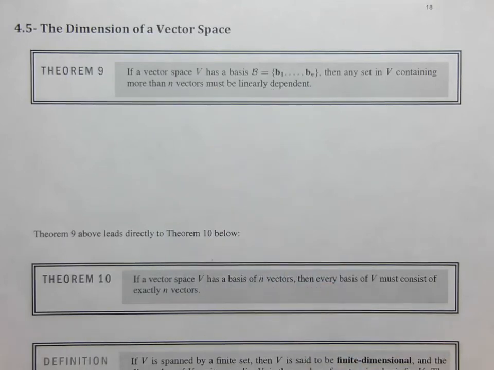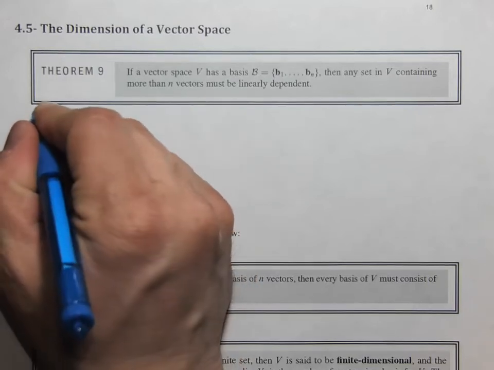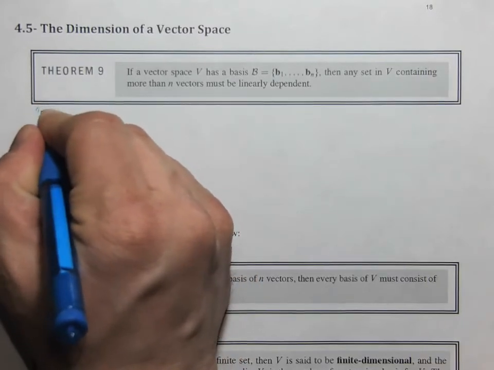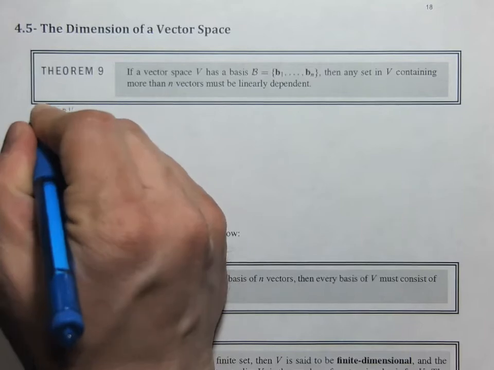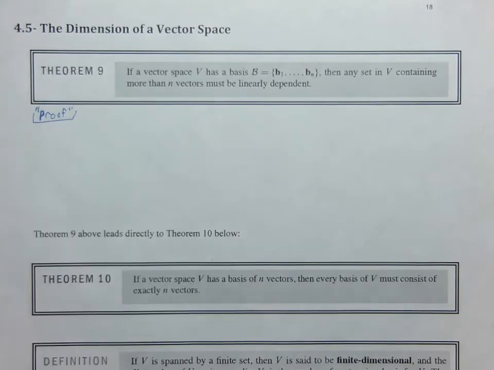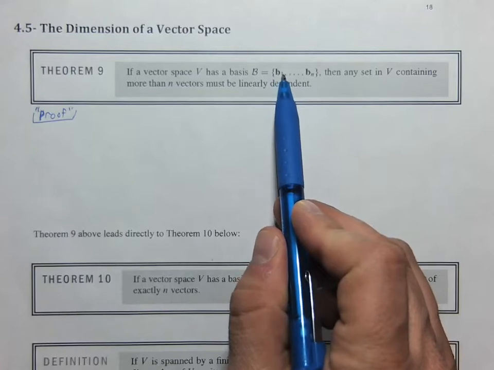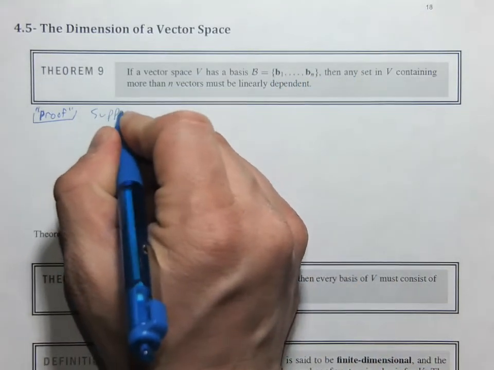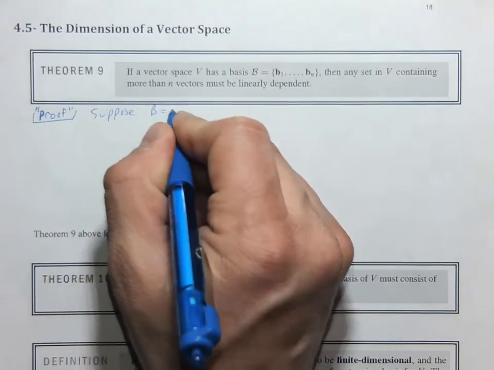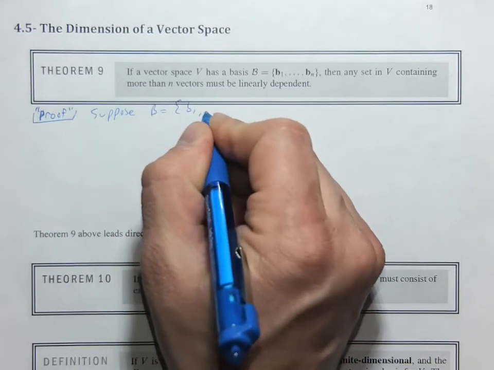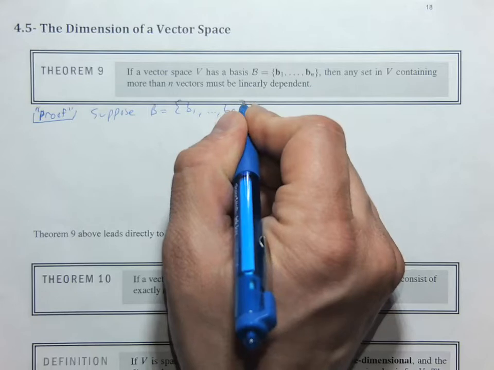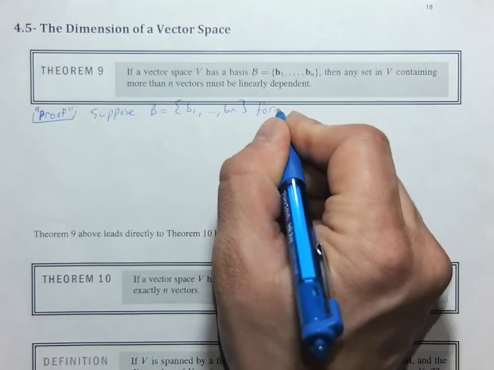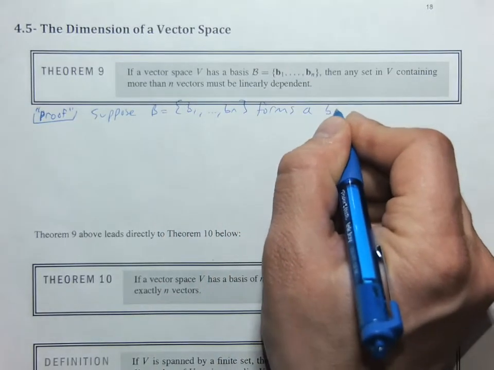Let me describe to you the way that the proof of this would work. This is just a quote-unquote proof. It's not going to be a hardcore rock-solid proof, but here's the idea. Let's say this is a basis for V, right? So let's suppose we have a basis that has n elements, b1 to bn.